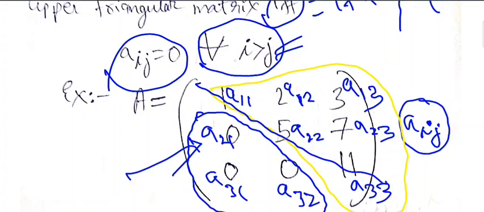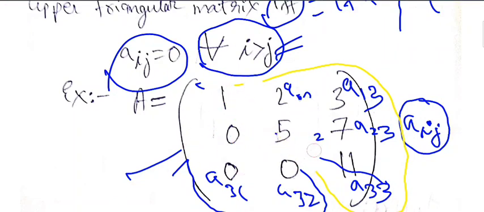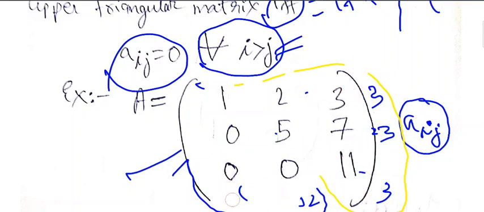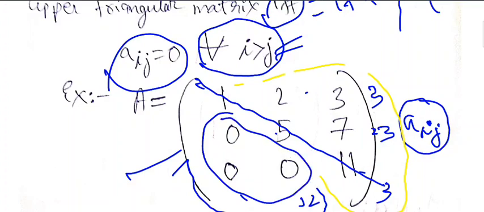Let me show you properly over here, after removing all this stuff. For an upper triangular matrix, all the elements below this principal diagonal are equal to 0.